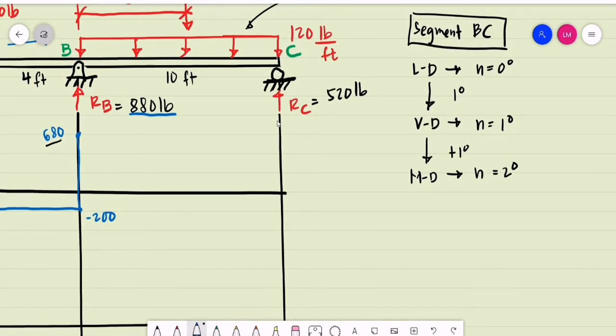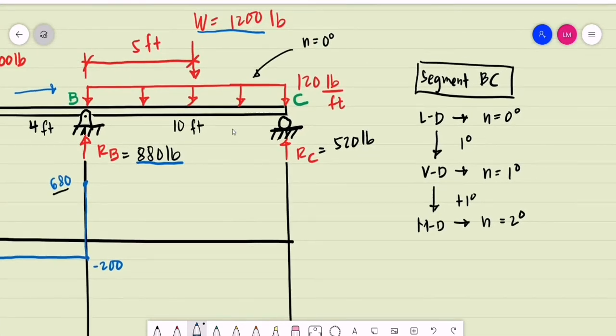Since our load diagram is 0 degree, the shear diagram, the next diagram, should be first degree. So from 680, we go down to a value of negative 520 pounds.